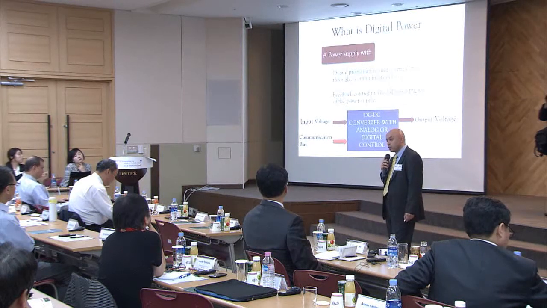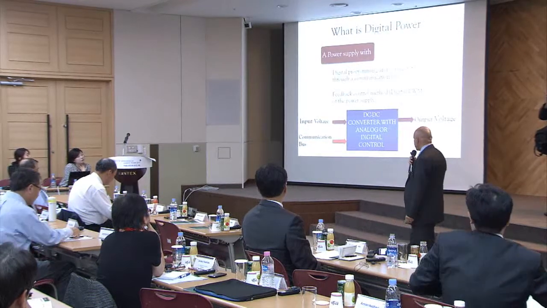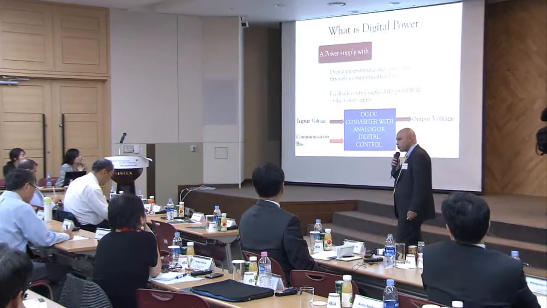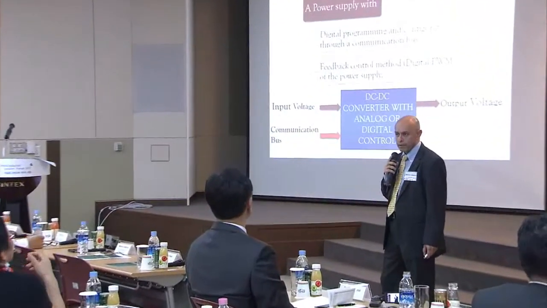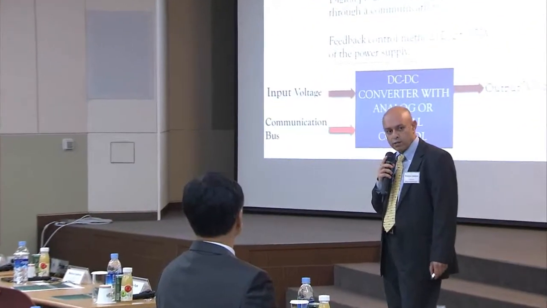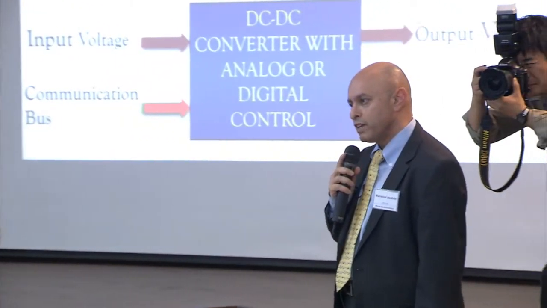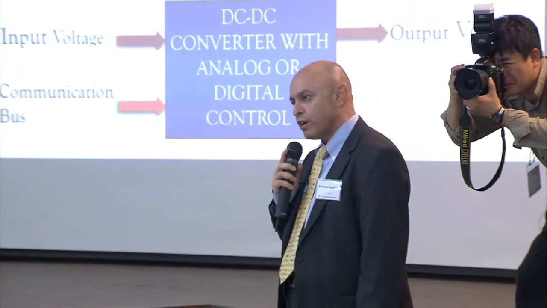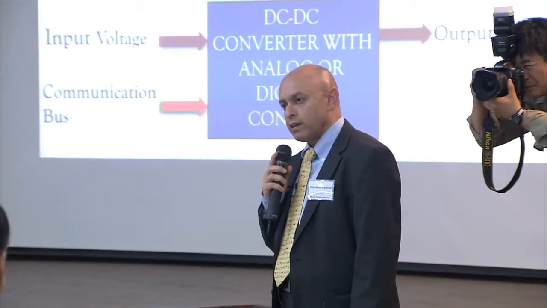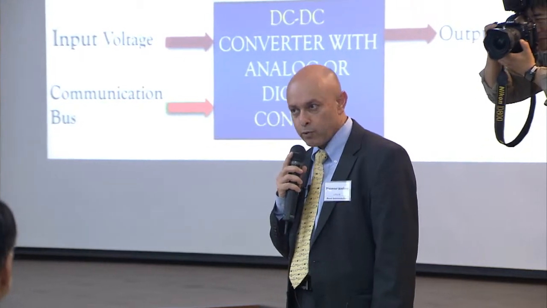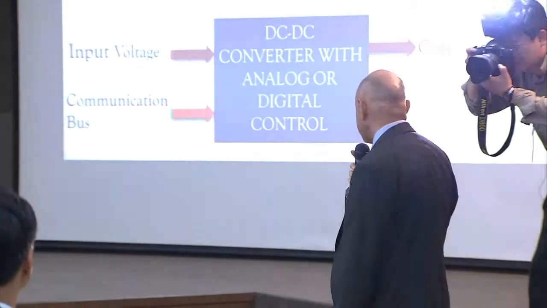That is basically a digital power supply, and that is one form of digital power. Another case is when we actually control and monitor the power supply through a communication bus. That's also referred to as digital power. These two definitions seem to be very different, but people refer to digital power interchangeably, and it's important to keep them separated because they're really not the same.